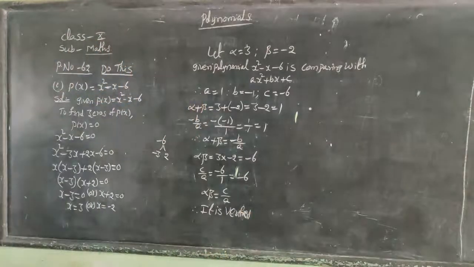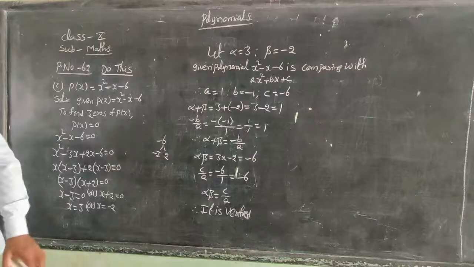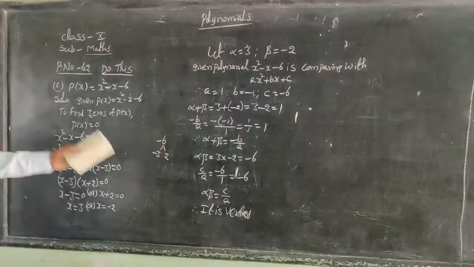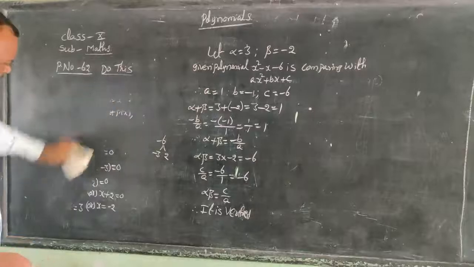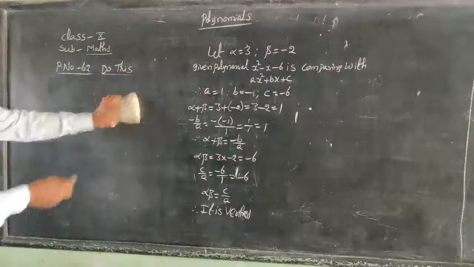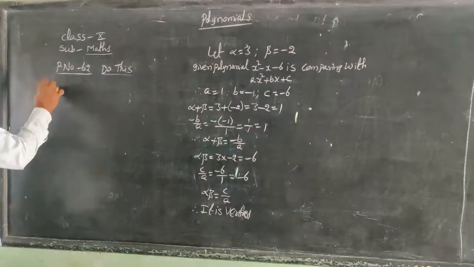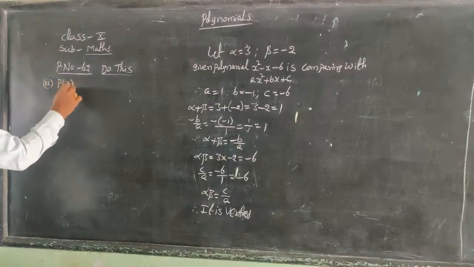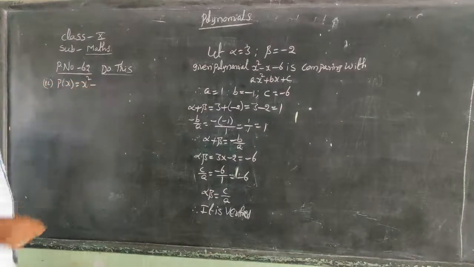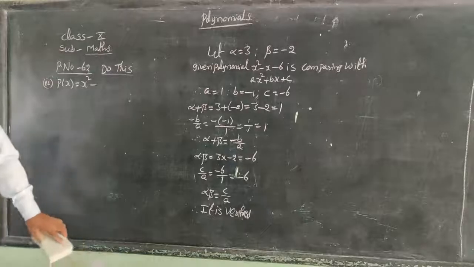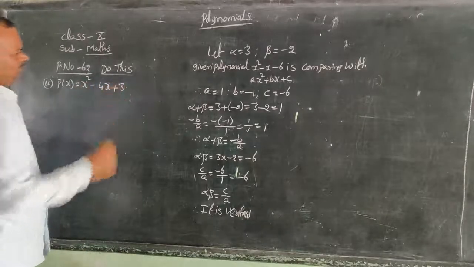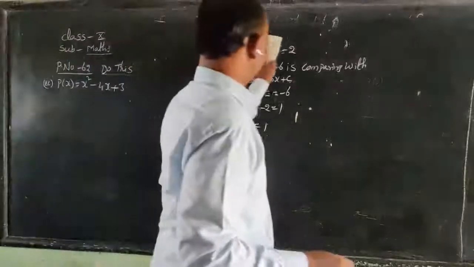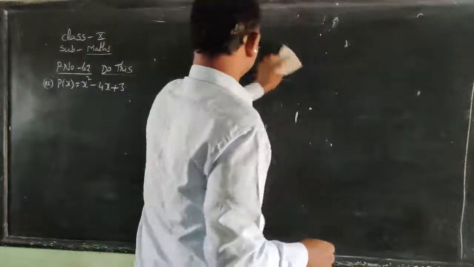Next, the second one: p of x is equal to x square minus 4x plus 3.